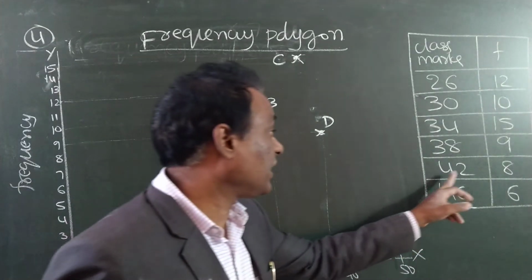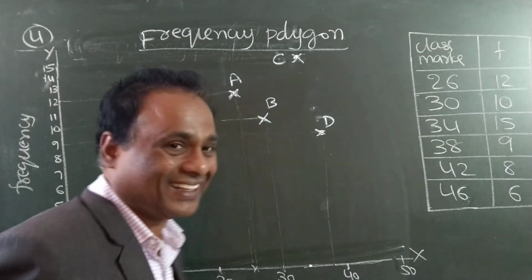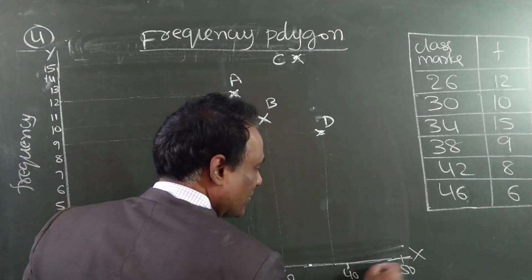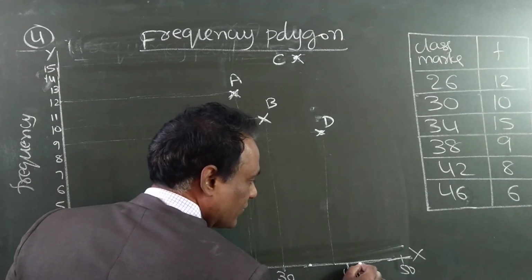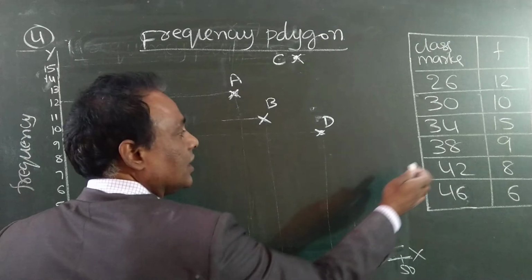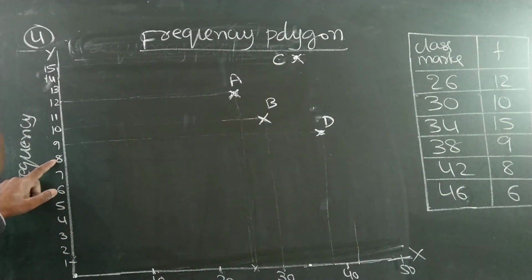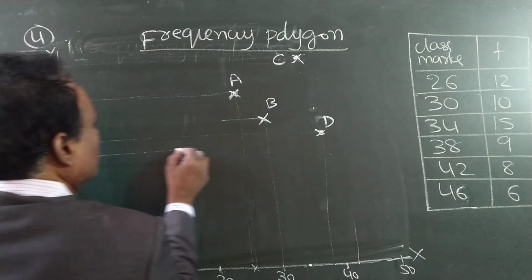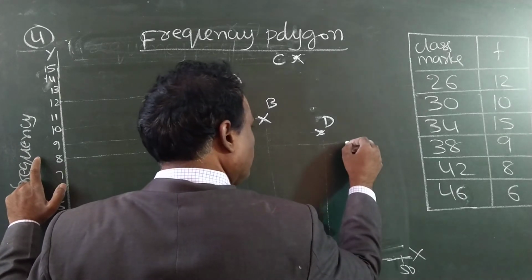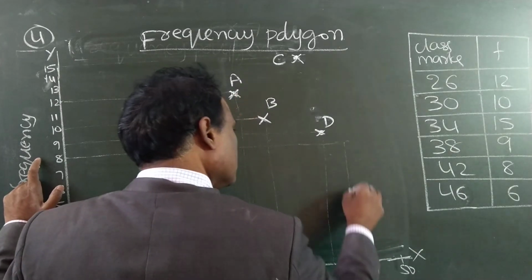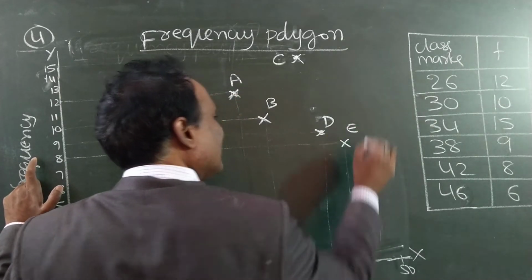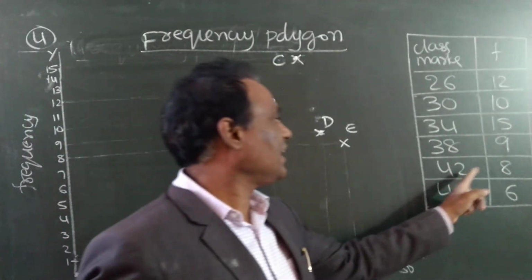Students, 42 is after 40, so 42 is here. 42, 8.